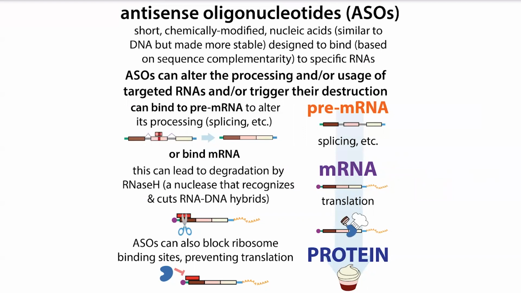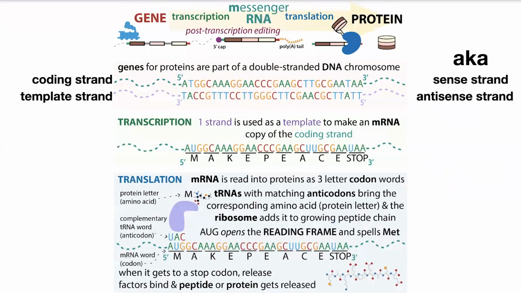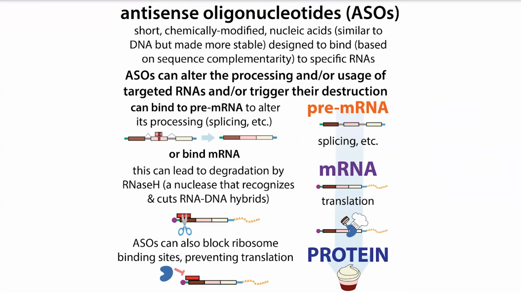Basically, I went through really quickly how you have this gene that gets transcribed into messenger RNA that gets translated into protein. I skipped over the detail that when the gene originally gets transcribed, it has regulatory regions called introns, and these introns have to get removed in a process called splicing to give you a mature messenger RNA.